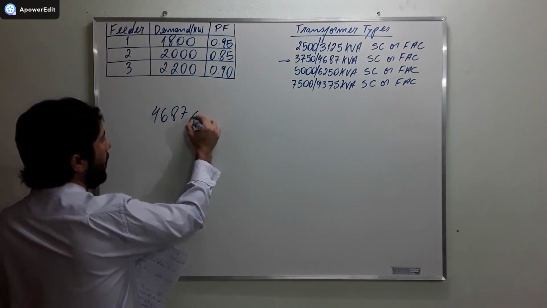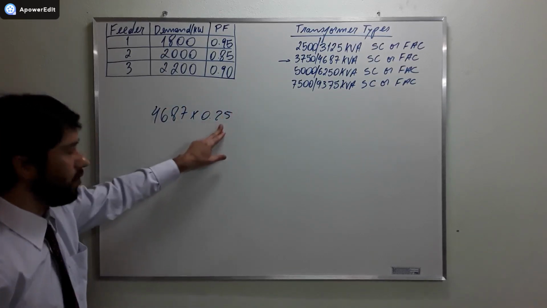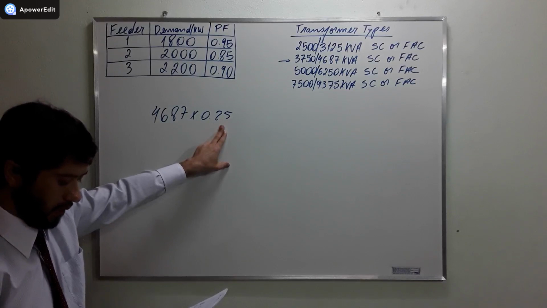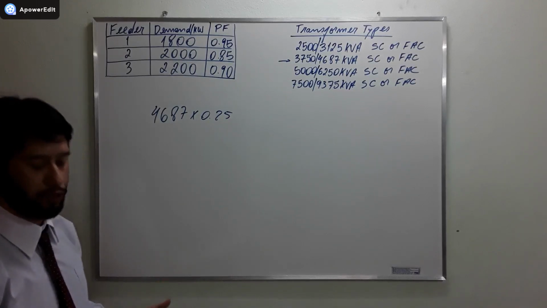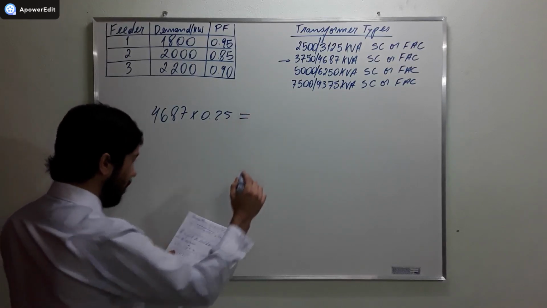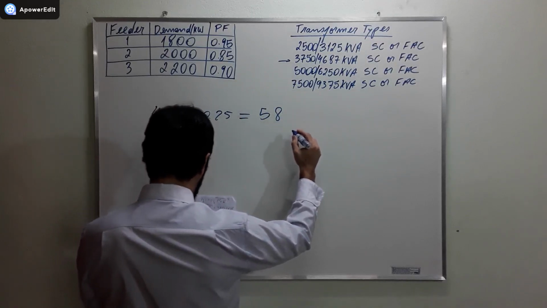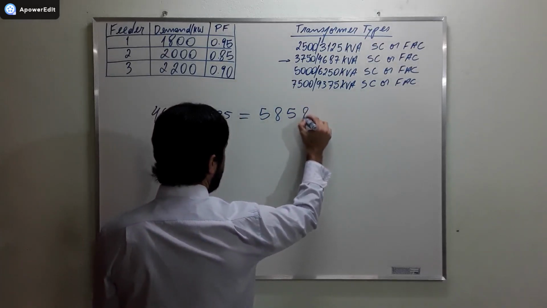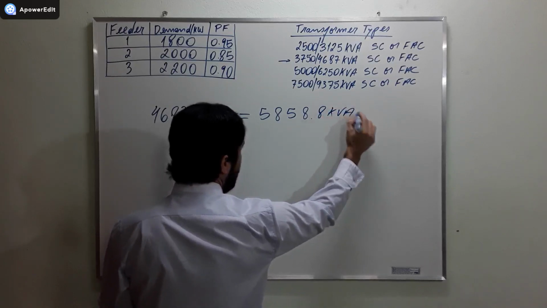4,687 times 1.25, okay? 25%. Yes, that's what letter C wanted us to calculate, and this gives 5,858.8 kVA.